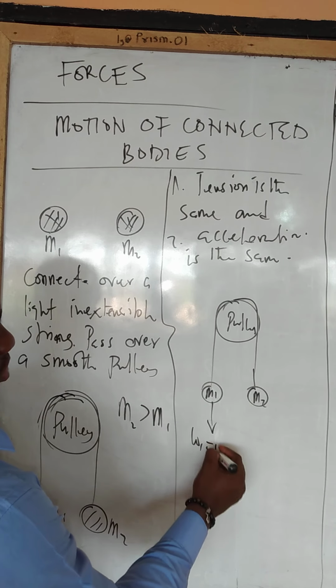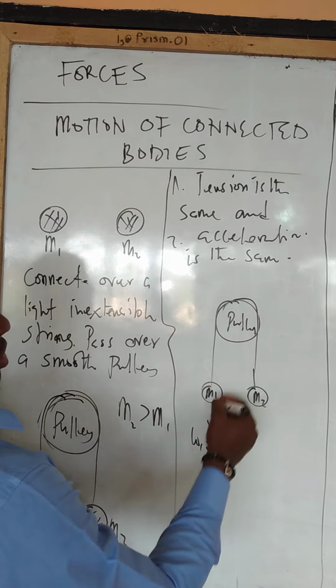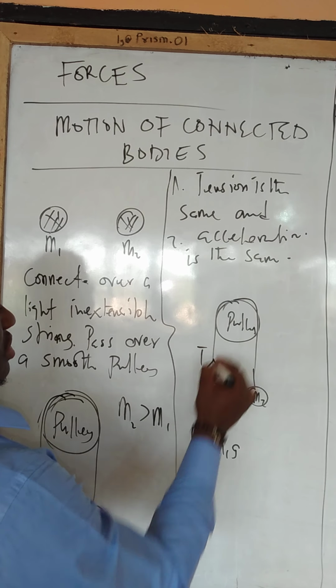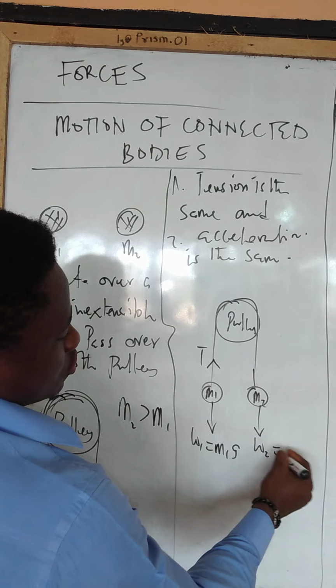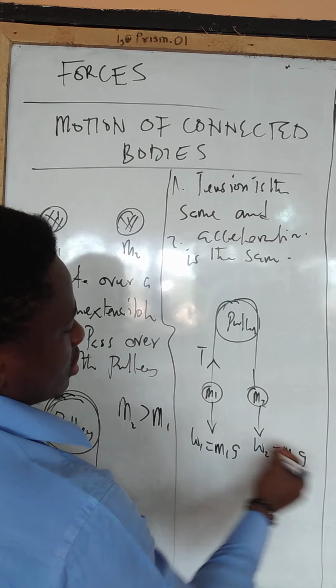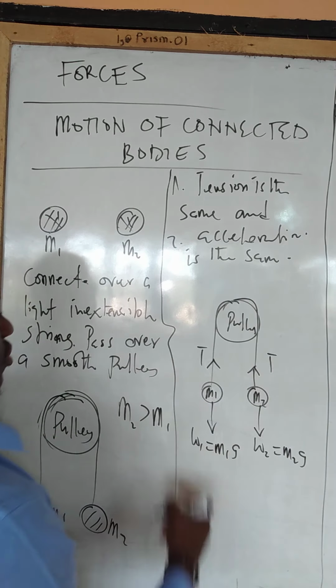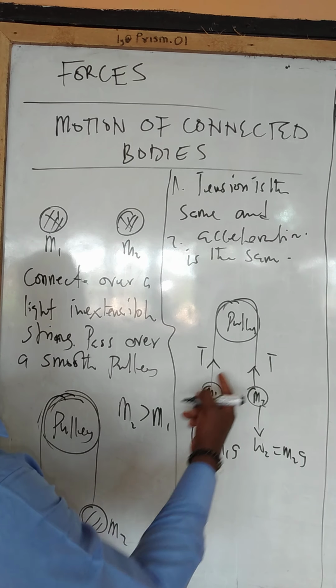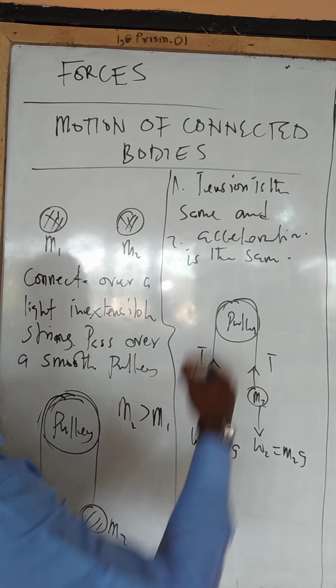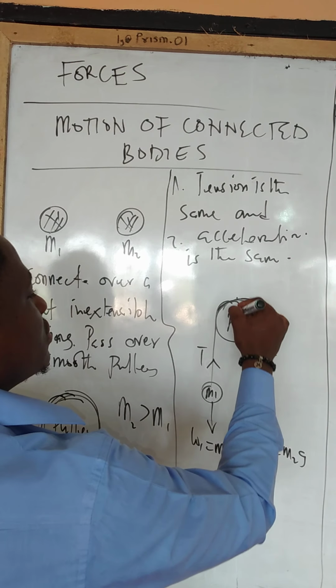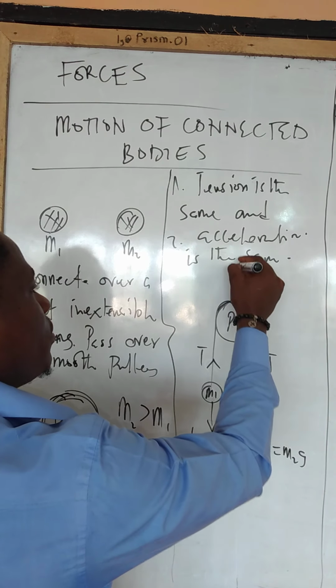So m1 has weight m1g and a tension upward. The other mass has its own weight m2g and a tension upward. This is T and this is T, because I've already said that the tension is the same throughout.